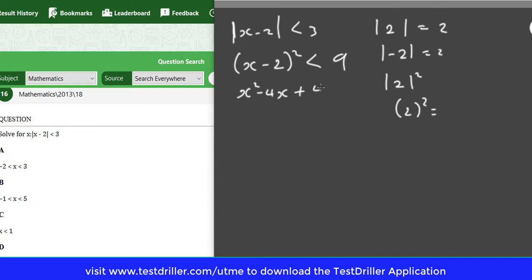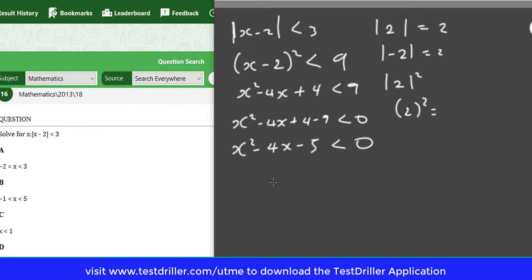This gives x squared minus 4x minus 5 less than 0. Now we want to solve this by treating it as a quadratic equation, so let's remove the inequality sign for now. We equate this to 0, then we solve.